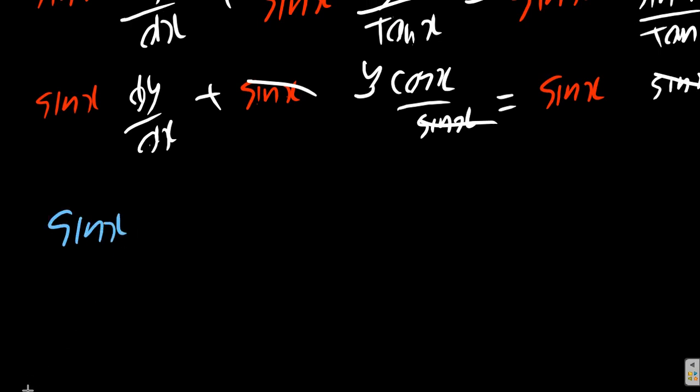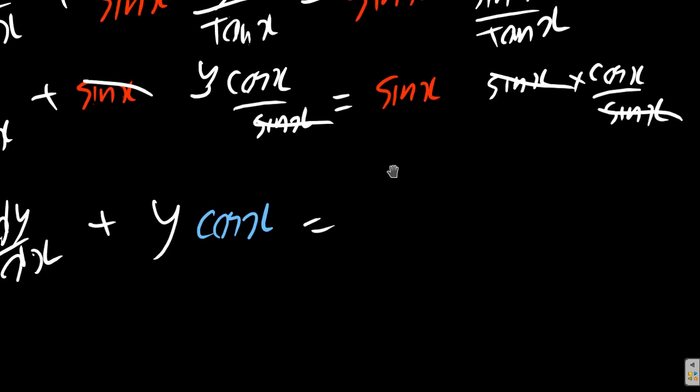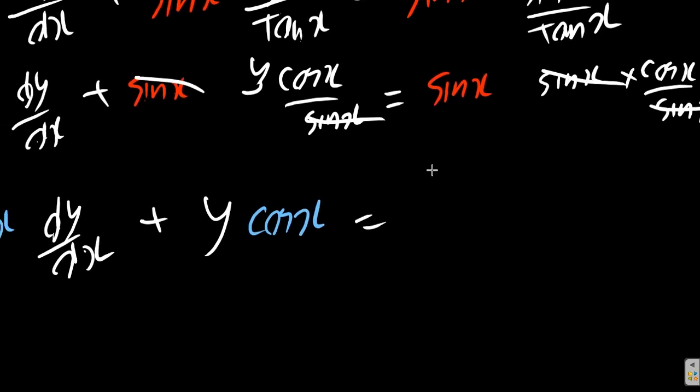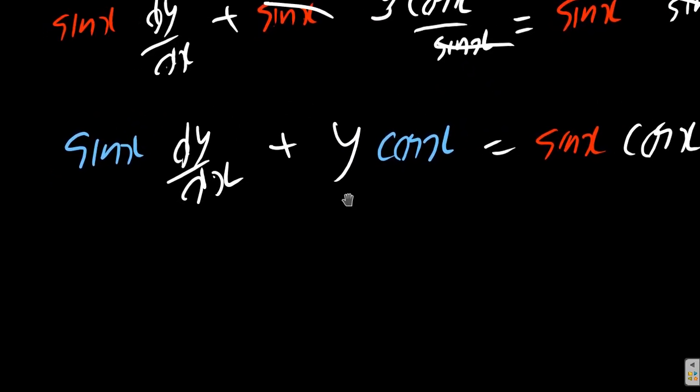Sin x times dy by dx plus y times cos x is equal to sin x cos x. Now look at this.